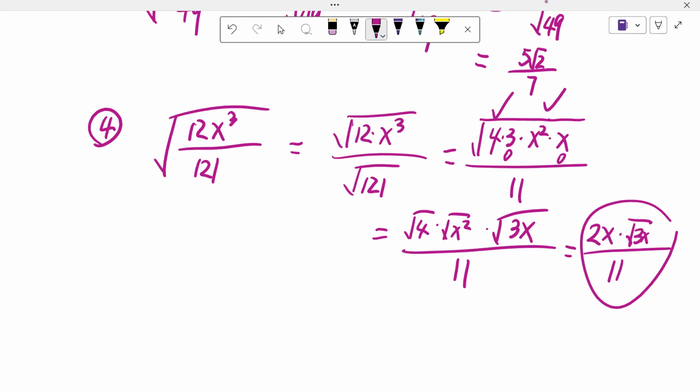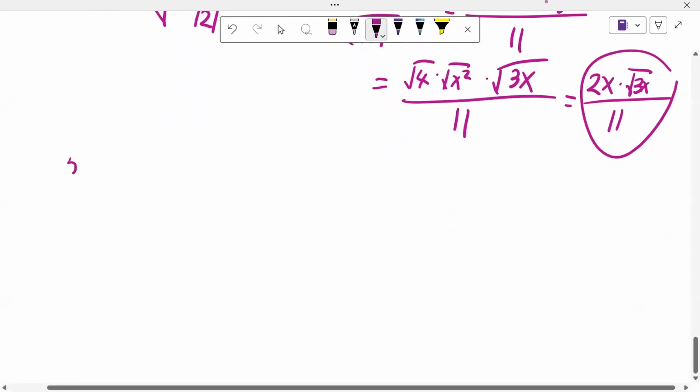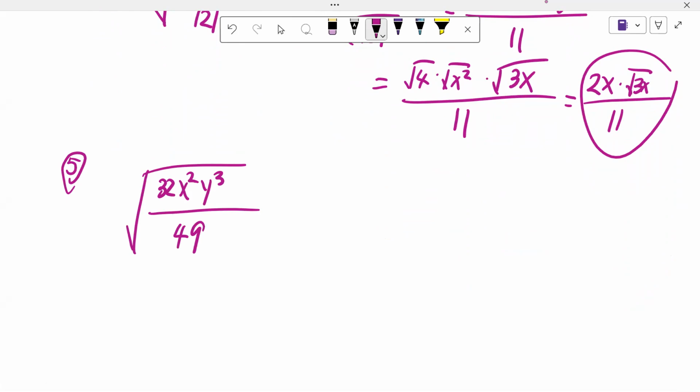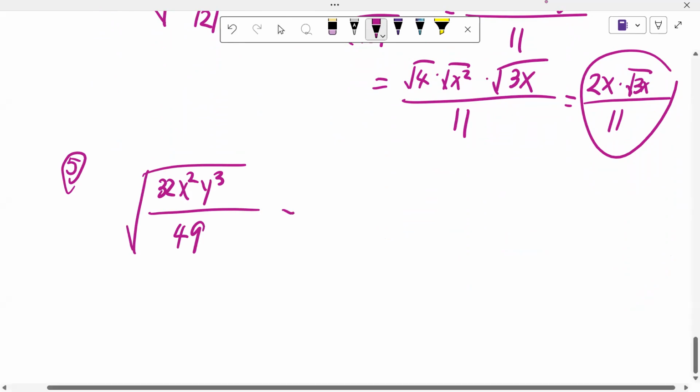Right. Let's try one more, a little bit more sophisticated one. Let's say we get the square root of 32 x squared y cubed, and the bottom is 49. Something like that. So we're going to apply property 1 and property 3, and probably also property 2, one by one.